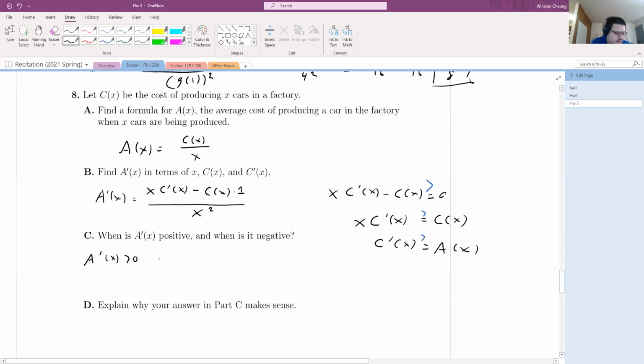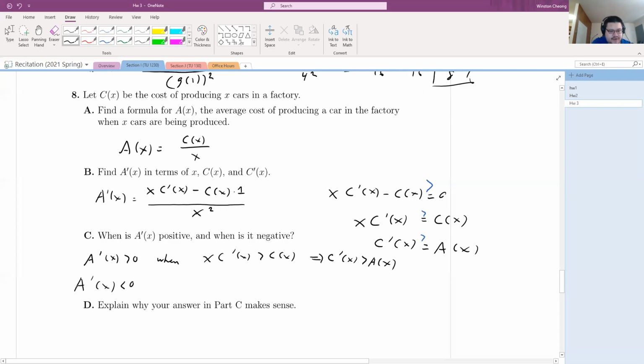Actually, this is A prime, essentially. So this is greater than 0 when X times C prime of X is greater than C of X, which is the same as saying C prime of X is greater than A of X. Okay, this is what these three lines are actually telling you.